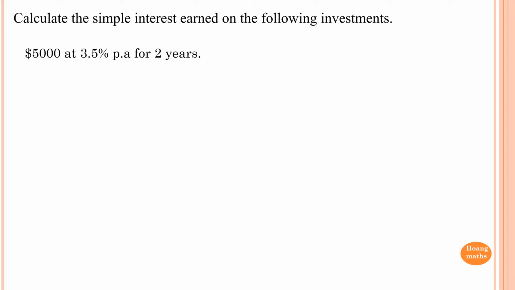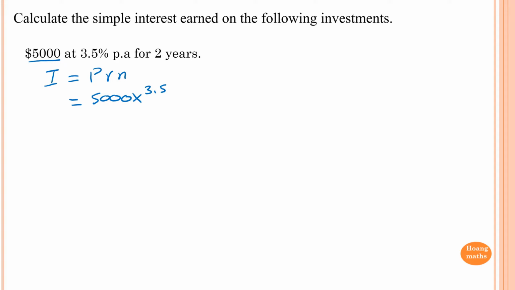So we know the rule is I equals PRN. P in this case is $5,000, that's the amount of investment. Times the interest rate, in this case 3.5%.